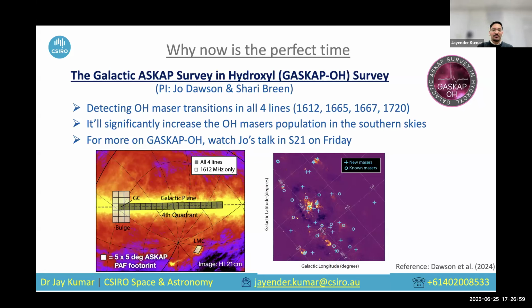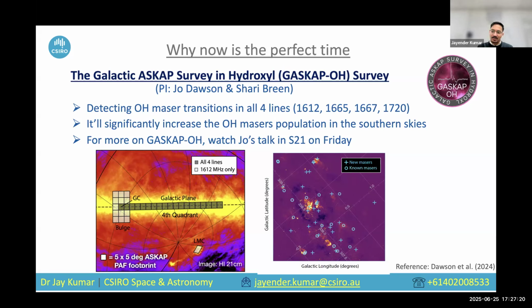So there's this plot on the left hand side showing the regions that have been observed or targeted in this GASKAP-OH survey. On the right hand side, the plus signs are the new masers and the circles are the known masers.